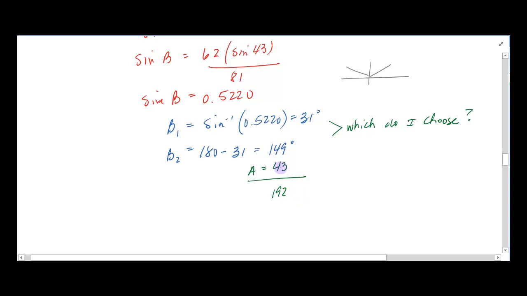So two angles out of the three in a triangle are already giving me 192 degrees, and I can only have 180 degrees total in my triangle. So this angle right here is too large. We do that by taking that angle, adding it to the angle we already know, and evaluating it. So 31 degrees is the angle that we're going to use in this particular case.